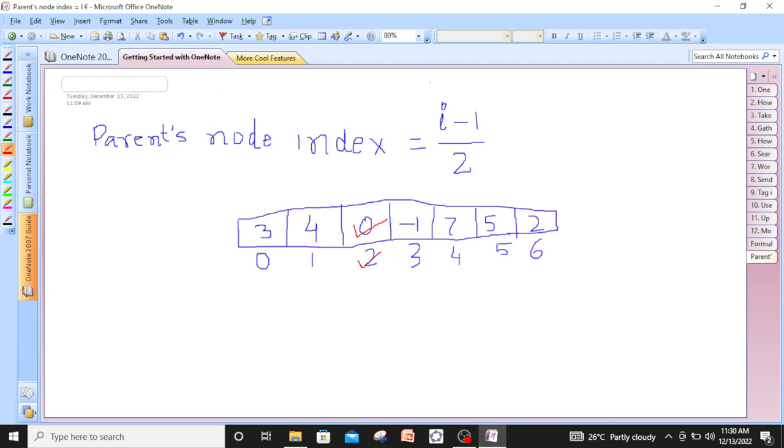So here put 2 at the place of I. So this will be 2 minus 1 by 2, and this will be half, and in C language it will be 0 if you take this greater integer function. So it is better to use this greater integer function.